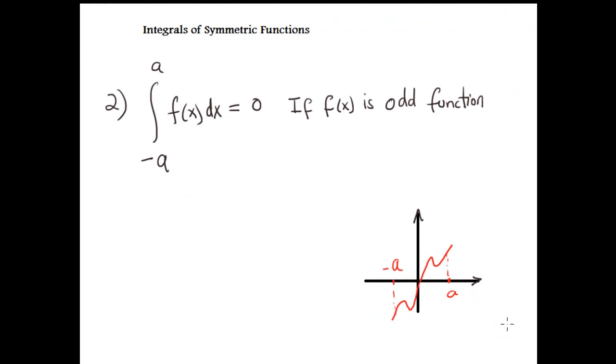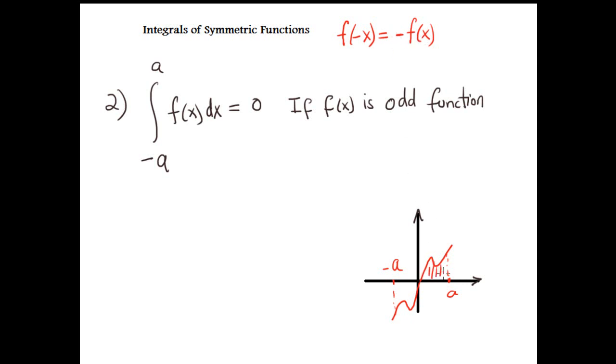Okay, another kind of symmetry is the odd function. Odd function, let me recall, is when you change x for negative x inside the parentheses, and as a result you can see a negative outside the parentheses. In other words, a reflection about the y-axis is equivalent, it's the same as a reflection about the x-axis. In other words, it's symmetric with respect to the origin.